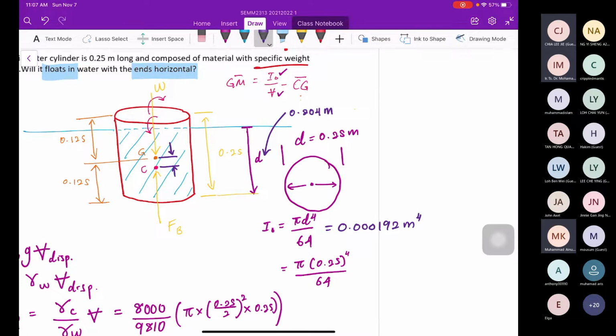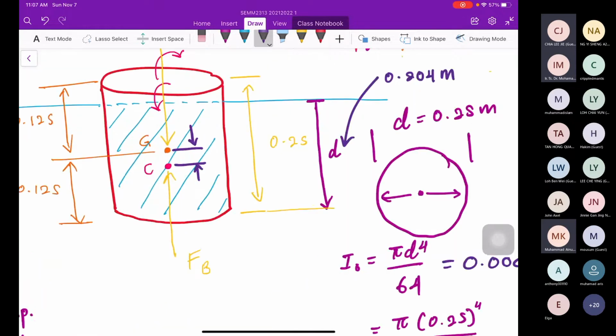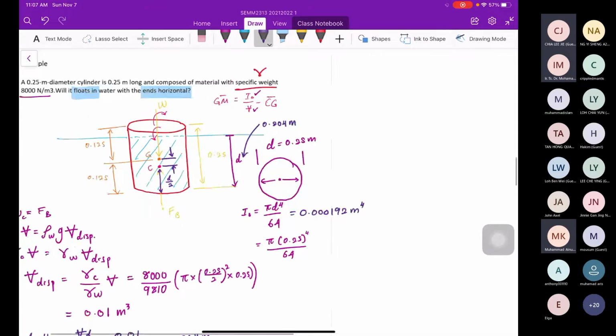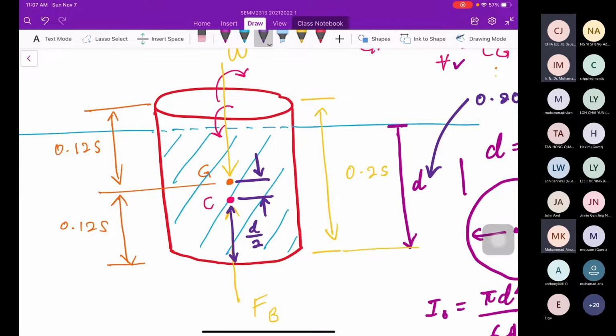So how to get the C? The C is definitely the depth divided by 2, right? You can see, to get the C, from here, definitely the depth divide with 2. And then we have the G here, 0.125 from here to the top.